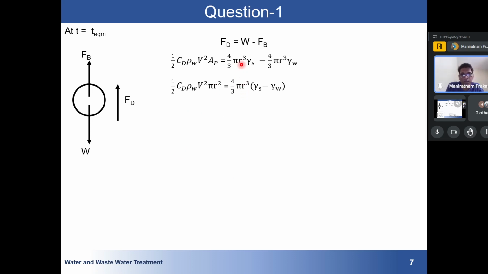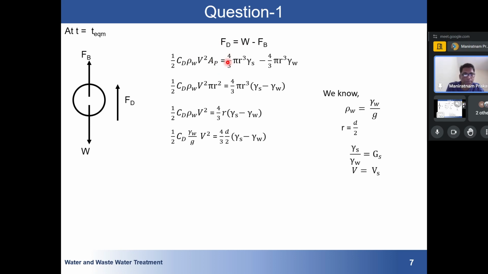Now just imagine you have kept AP very high, and now you do the calculation based on those things. You will find that Vs coming will be different or larger than in a spherical particle. So you can see, which is a simpler method.